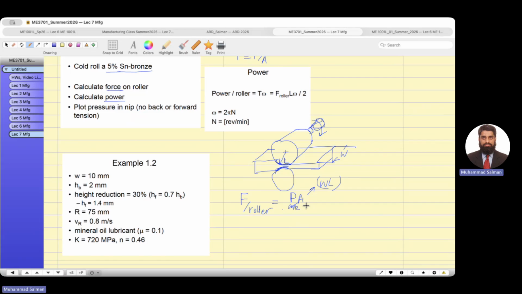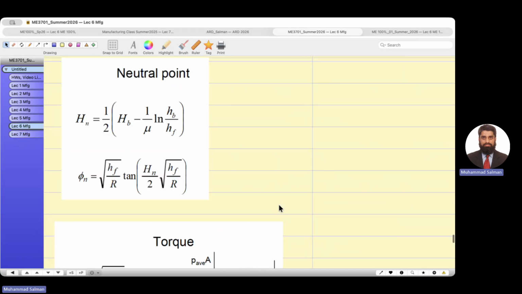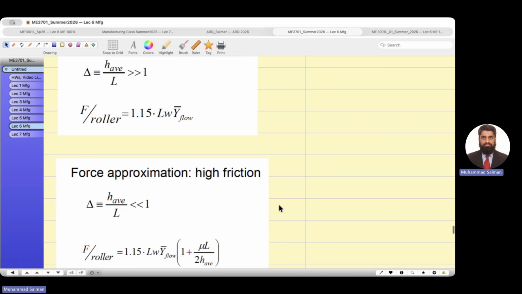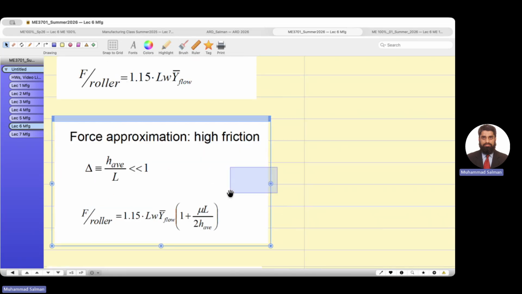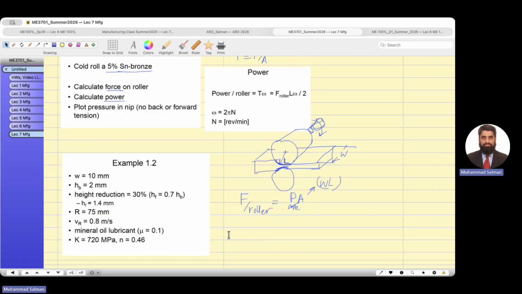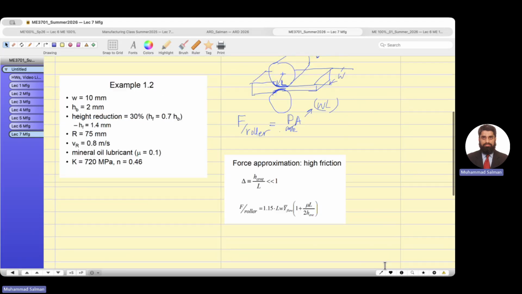And you will ask me, Professor, how do you calculate the average pressure? So I'm going to take you over this formula. Let's grab yesterday's lecture, and then I will show. Please note down. This is the roller, and you will use this formula.